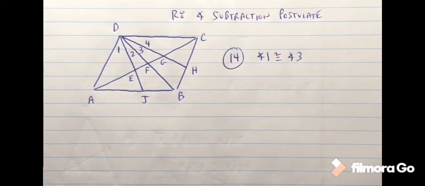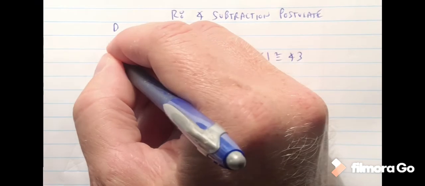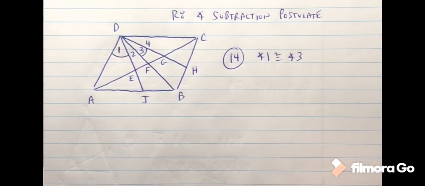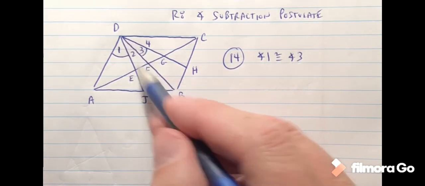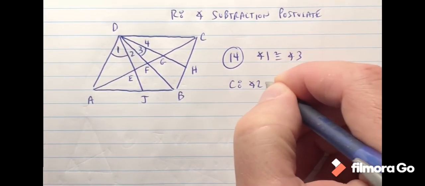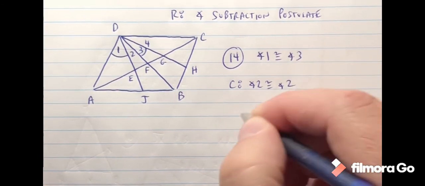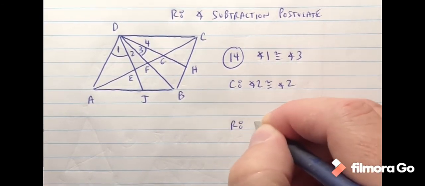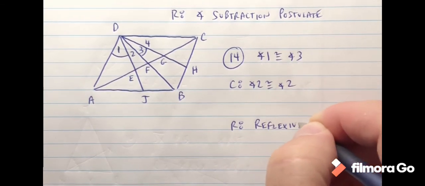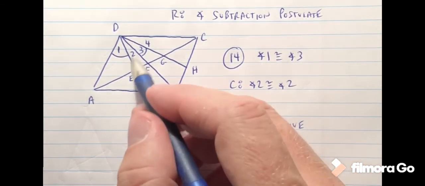Okay, for number 14, they're telling us that angle 1 is congruent to angle 3. This is a situation where we have a gap. So conclusion number 1, we're going to say that angle 2 is congruent to angle 2, and that's going to be reflexive. Again, when there's a gap, we're going to add.